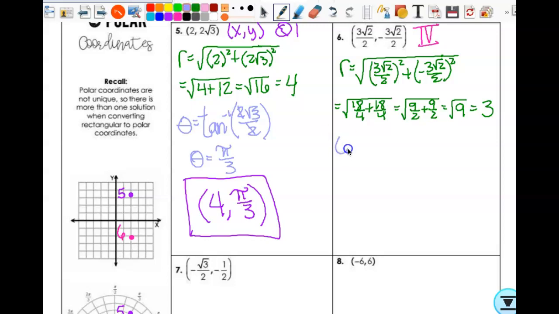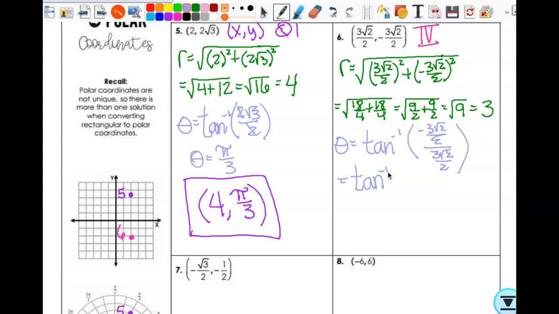All right, so then theta is equal to the tangent inverse of negative 3 square root of 2 over 2 over 3 square root of 2 over 2. And we don't need to make that crazy hard either. I don't need to keep, change, flip, or do any of that mess. What does that reduce to? Negative 1.